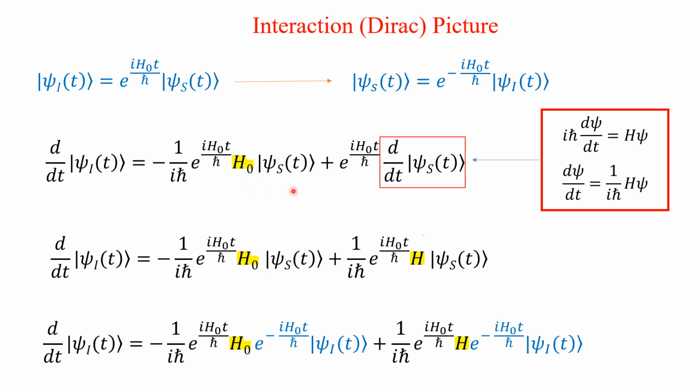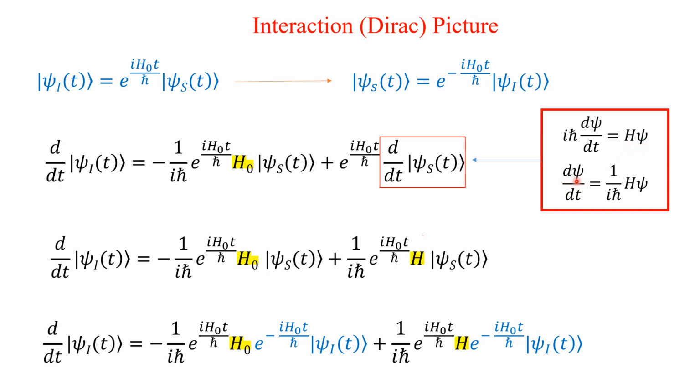So then you differentiate. Next you keep the exponential term as it is and differentiate the ket vector. We know the standard differentiation from the Schrodinger equation: i h cross d psi by dt equals H psi.